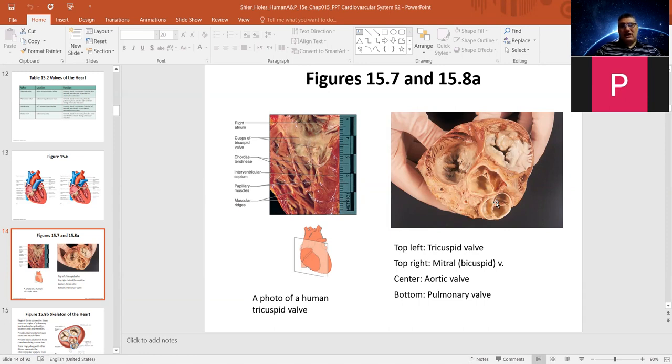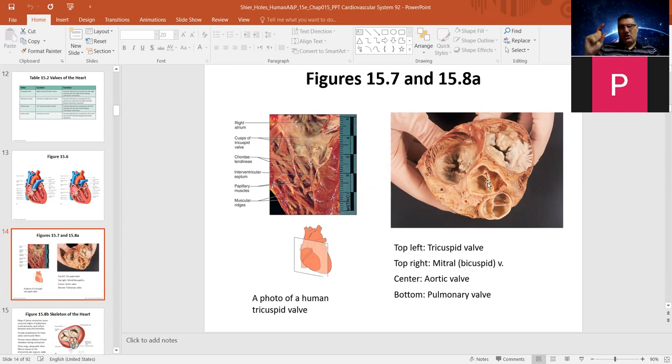In case you see something like that in the exam, you will see that this is 1, 2, 3 leaflets, tricuspid. This is 2, so it's bicuspid. Let me give you this rule. All these valves are tricuspid. This is the only one that's bicuspid, but we don't call the others tricuspid valve.